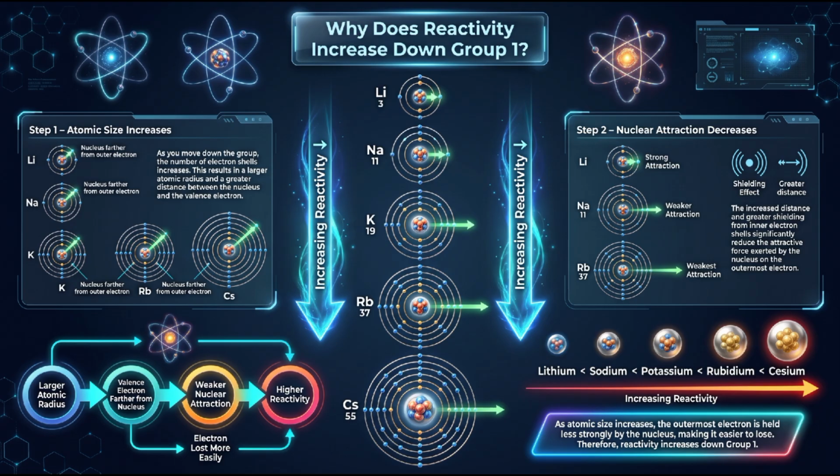The same trend is observed when alkali metals react with oxygen and halogens. Lithium reacts relatively slowly with oxygen to form lithium oxide, whereas sodium reacts more readily to form sodium peroxide. Potassium, rubidium, and cesium react even more vigorously, often forming superoxides because of their greater tendency to lose electrons.